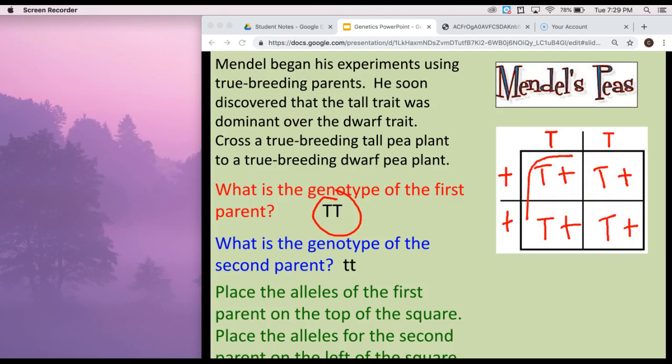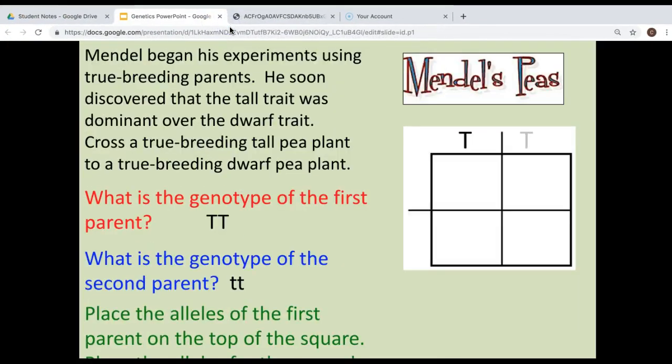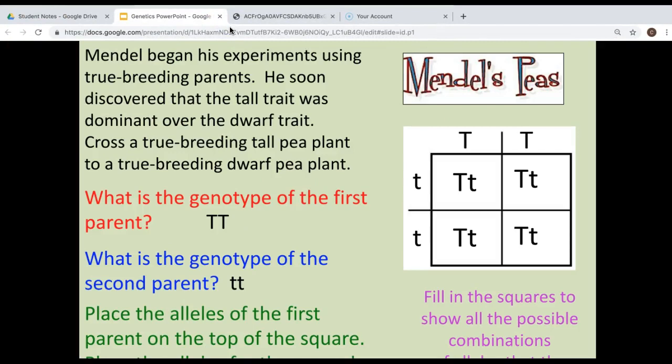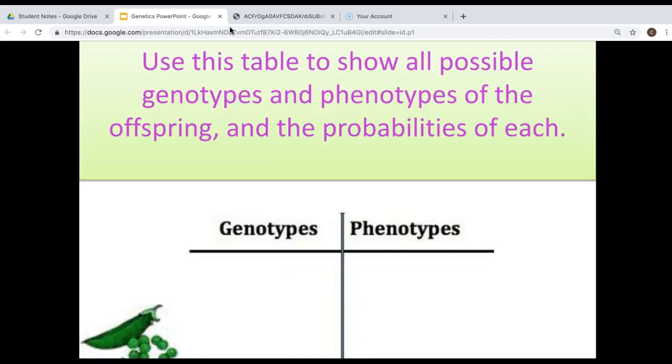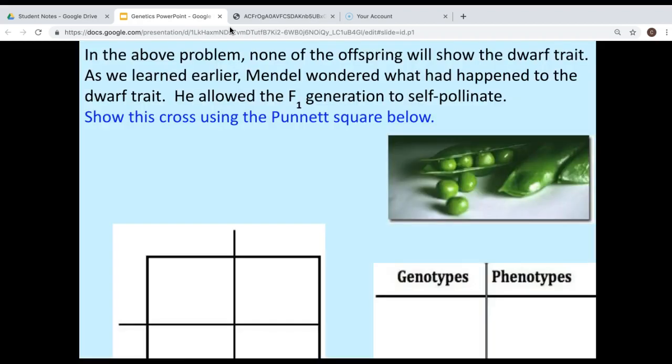So we have 4 heterozygous plants. All will be tall, right? So let's look and see if that is right. All of these will be tall because we have one dominant allele in each. So I want you to use this table to give the probabilities of the genotypes. So again, this is pretty easy. We had 4 heterozygous genotypes, big T, little t, and 4 tall plants.